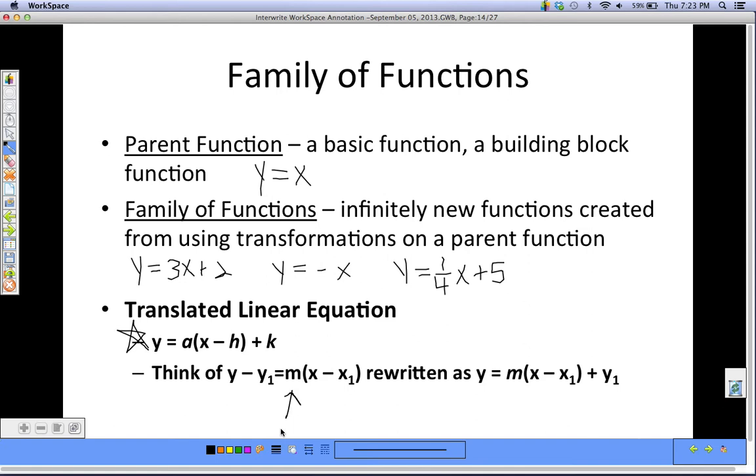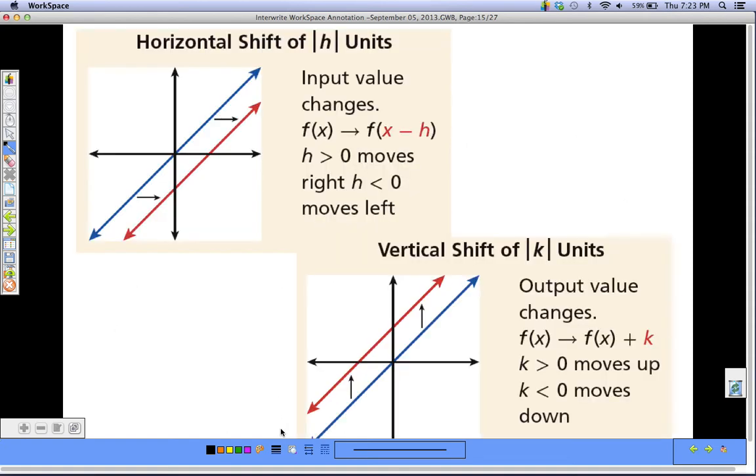So let's talk about what a, h, and k stand for. The h of your function is the horizontal shift. Now, something very important happens this whole time. H is a liar.